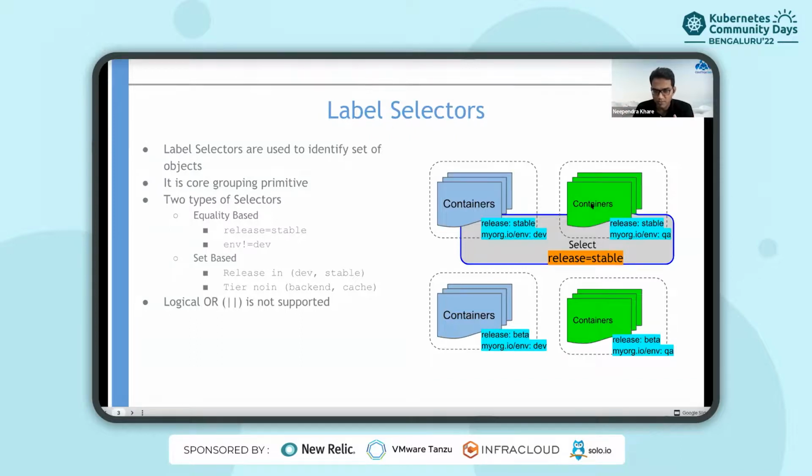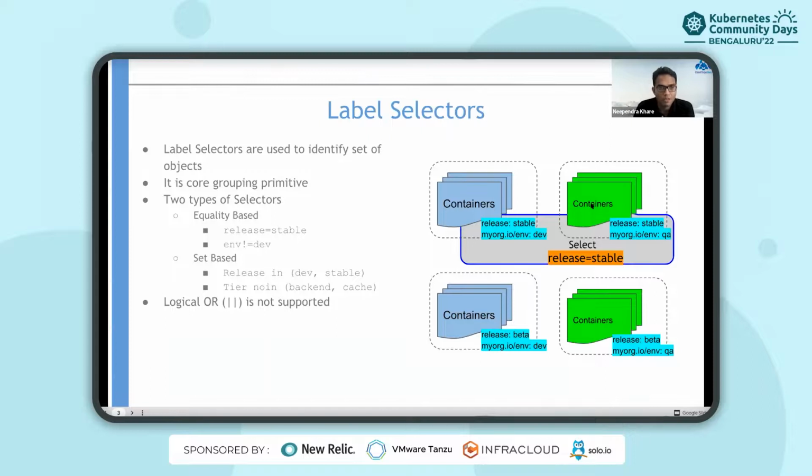As long as a pod has the label I'm looking for, I'll select it. I'm not saying they have to come from the same object. I'm just loosely coupling them as per my requirements. I simply say, select all the pods where release is set to stable. I don't care where they have come from.